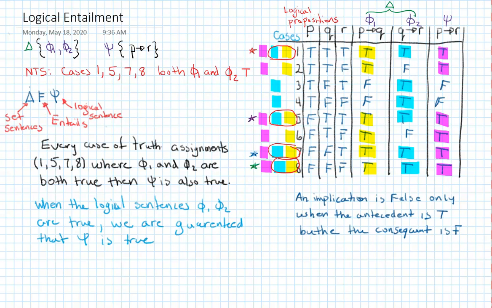The word that we use for this is that phi1 and phi2 entail psi, or another way to say that is phi1 and phi2 being true guarantees you that psi is true.